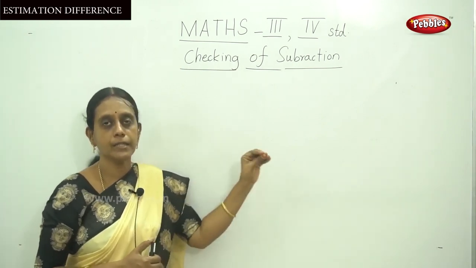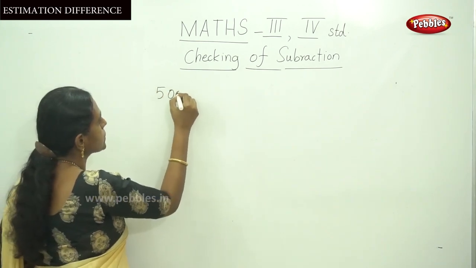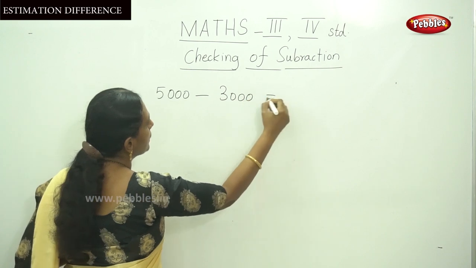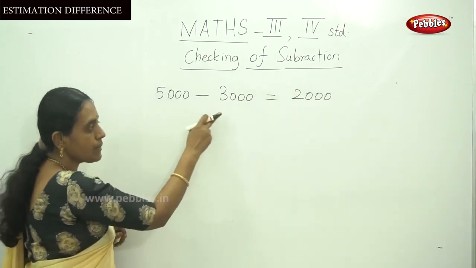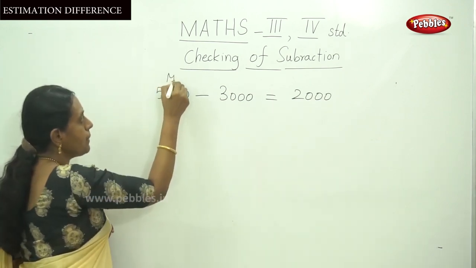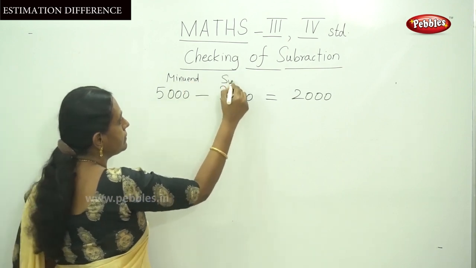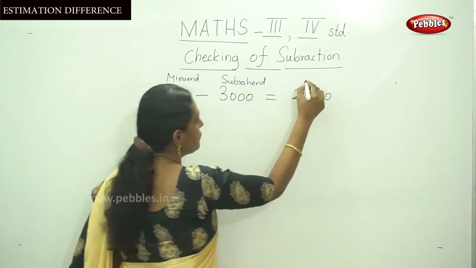I will explain with an example: 5000 minus 3000 equals 2000. Here 5000 is the minuend, 3000 is the subtrahend and 2000 is the difference.